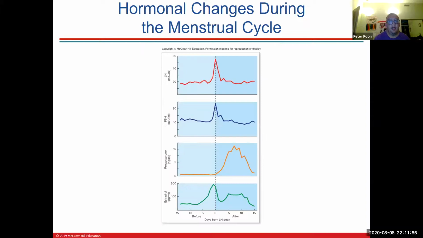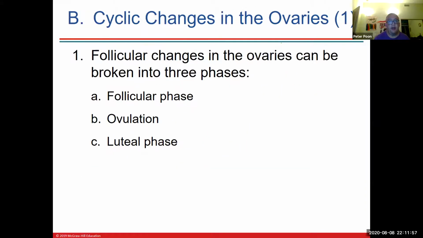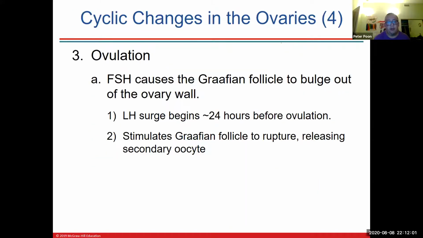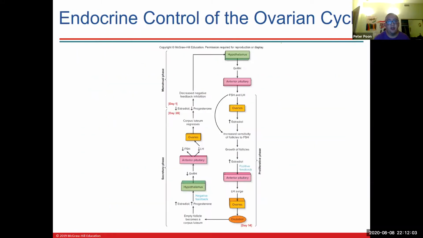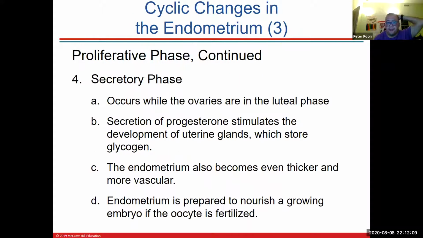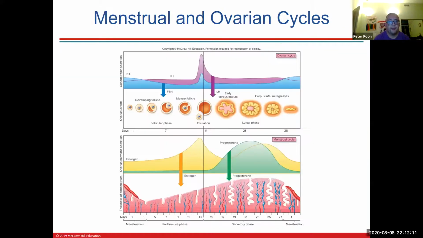So the first day of the uterine cycle is menstruation, and it lasts about 3 to 5 days.